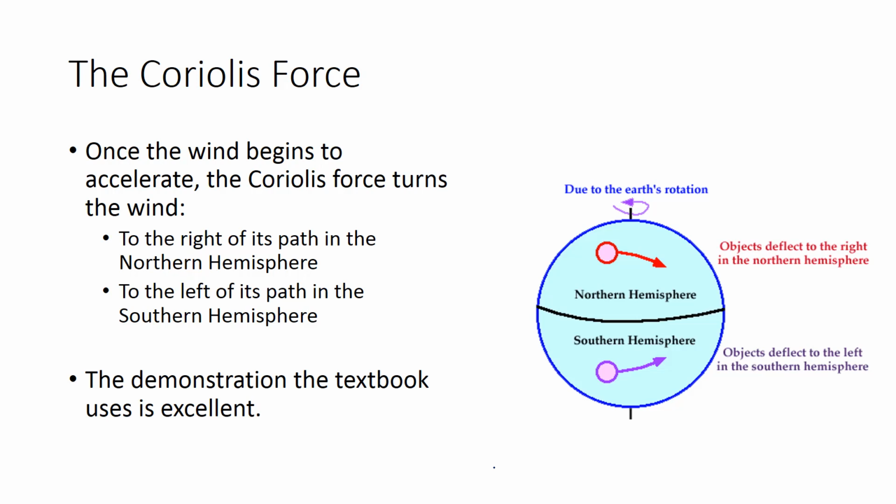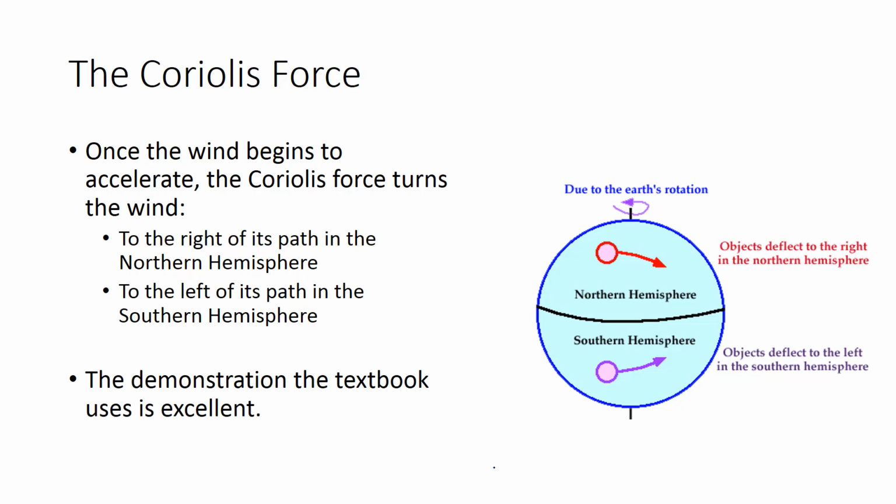We are living on a big globe that is rotating, and that causes the wind's path to move relative to the surface of the Earth. That deflects the wind. What I really want you to know is that the Coriolis force turns the wind to the right of its path in the northern hemisphere, and to the left of its path in the southern hemisphere.